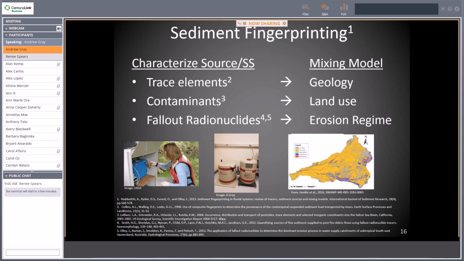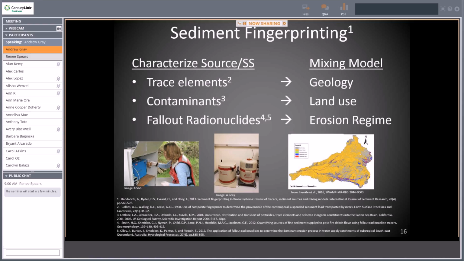Another powerful technique for thinking about where the sediment's actually coming from in the system, whether you're interested in the bulk suspended sediment load or also in the contaminants that are transporting with it, is basically an approach where you characterize the source.